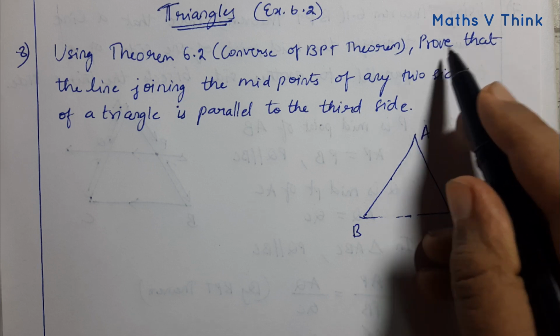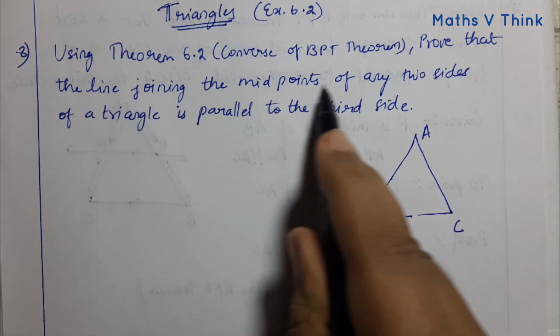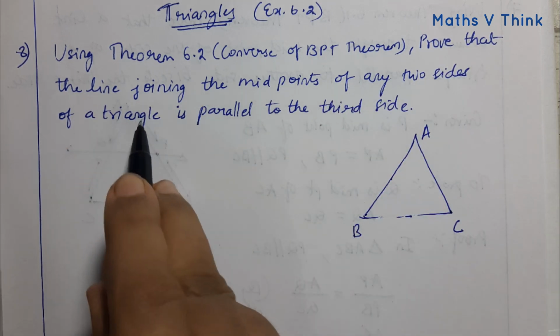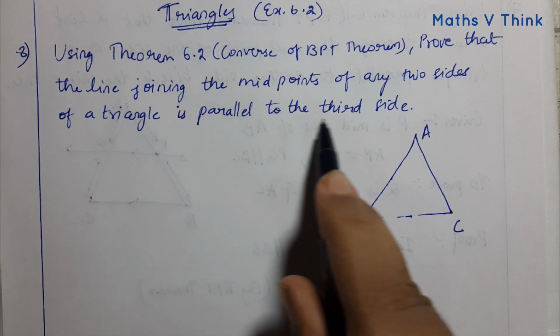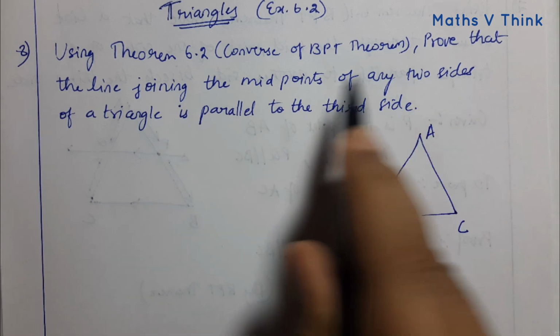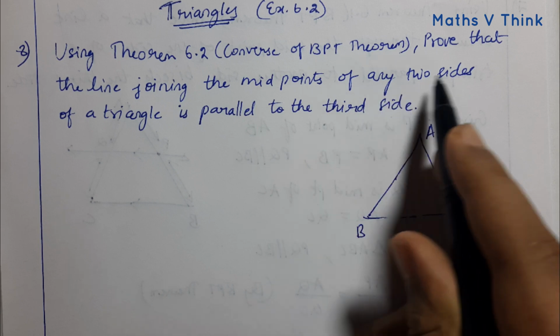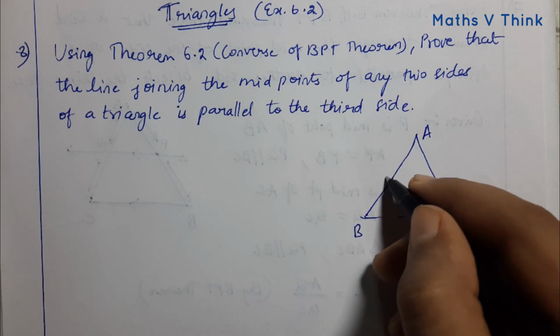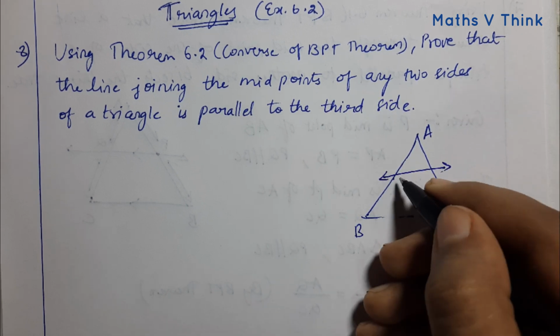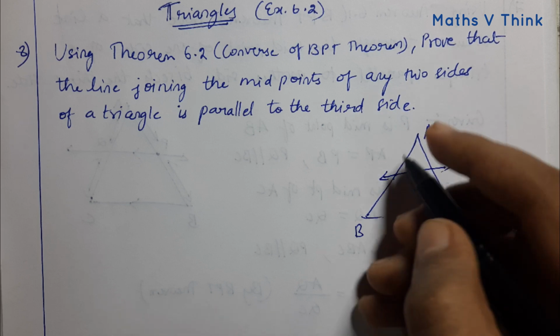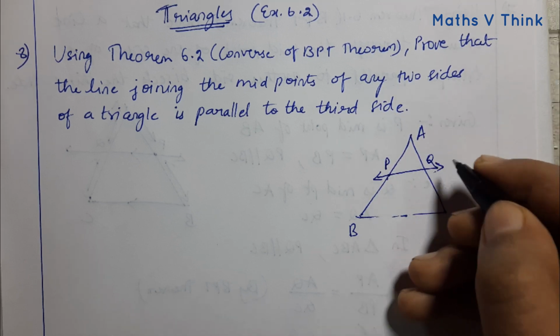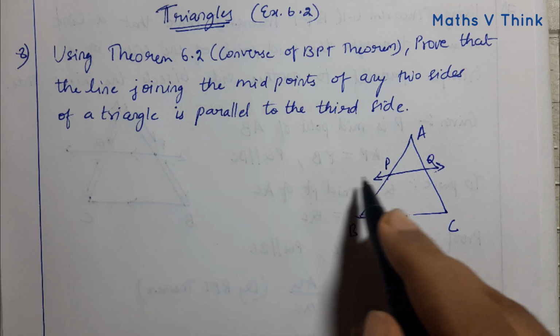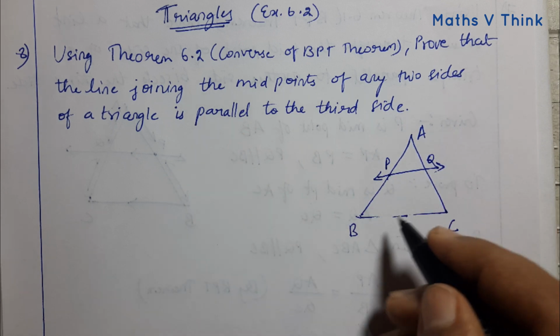You see that, prove that, so this information is the given part and after is the proof part. So I need to take a line joining the midpoints of these two sides. It will be PQ. I need to prove that this line is parallel to the third side.